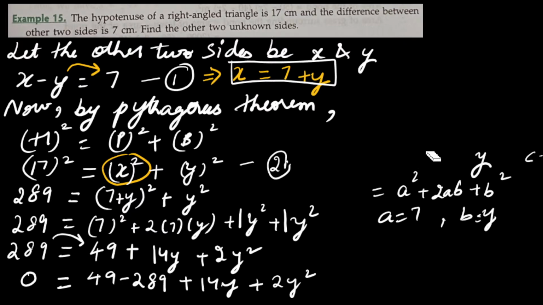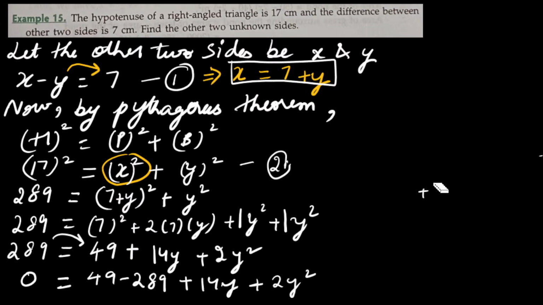Just tell me the subtraction's answer. 49 minus 289. I hope you are writing along with me. Please don't simply listen. Write. As I am writing, write along with me and share any calculations. It's 240. Is it positive 240 or negative 240?